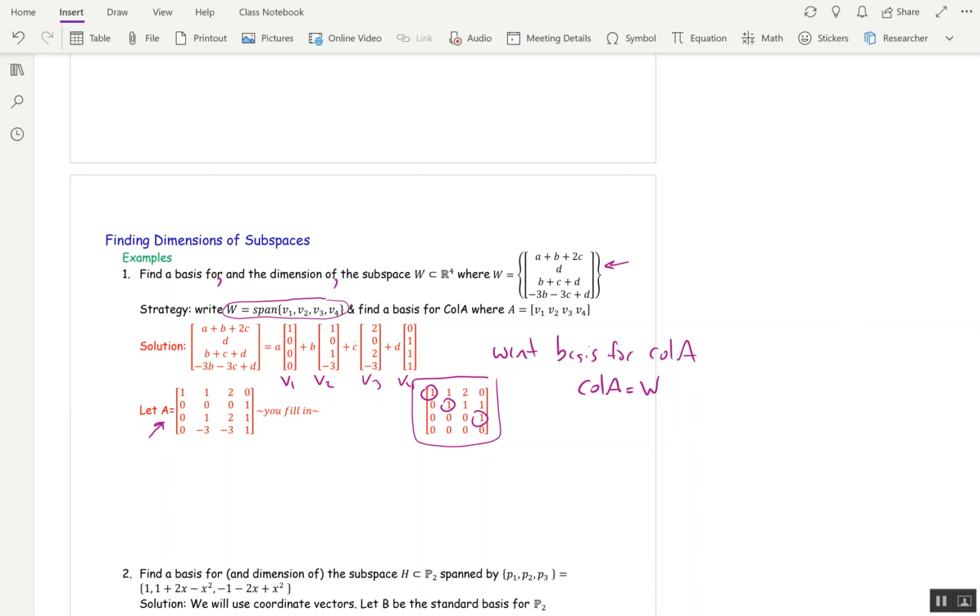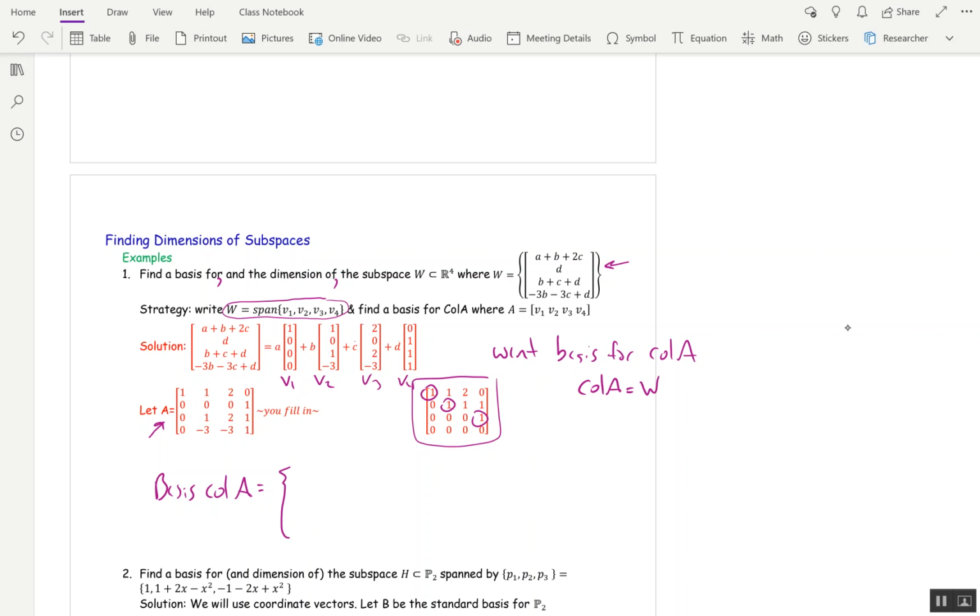columns 1, 2, and 4 of the reduced matrix have pivots, so a basis for col A is, remember, you have to go back and take the original columns from A, not from the reduced matrix.